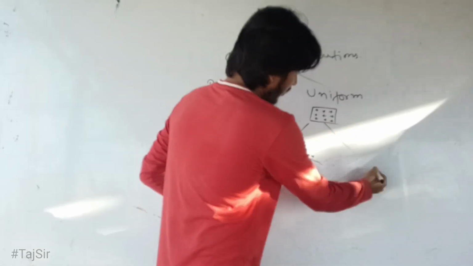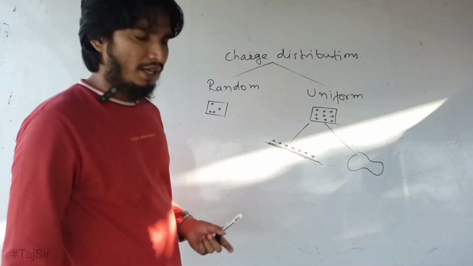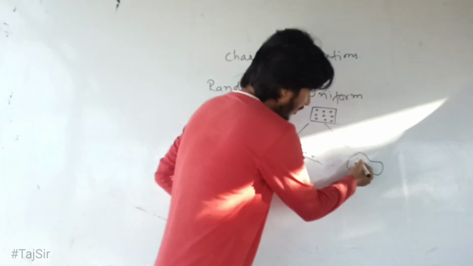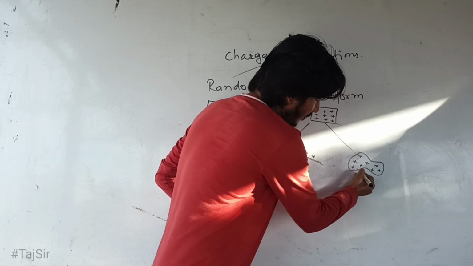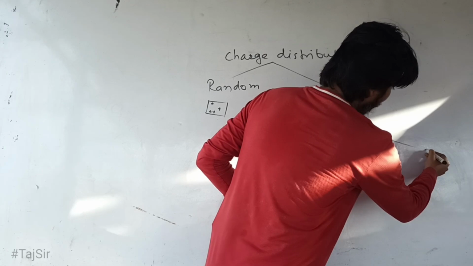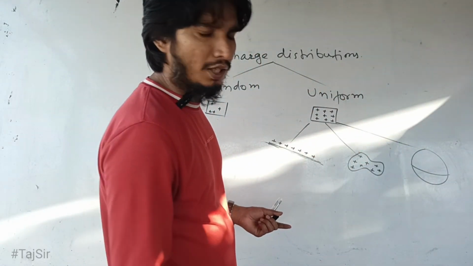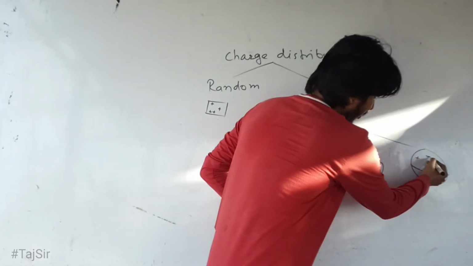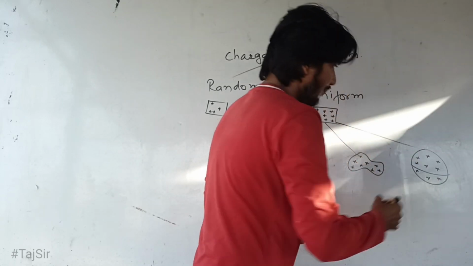Second is surface charge distribution. And what is that? In a given surface there is uniformly distributed charge. And another is volume charge distribution. Suppose this is a sphere, and on this sphere there are charges distributed uniformly throughout the volume.